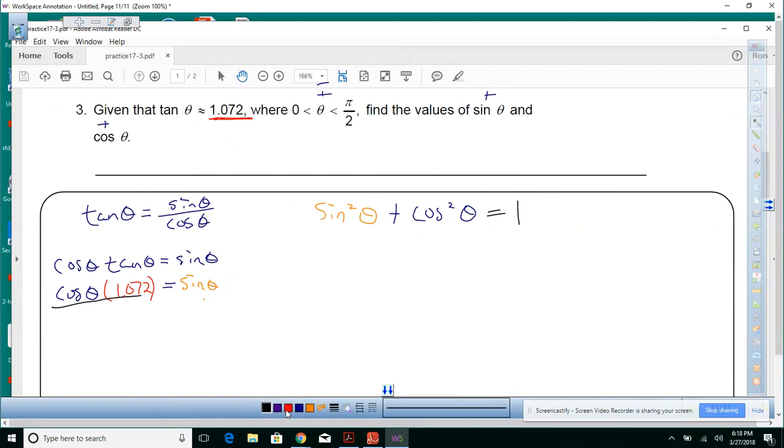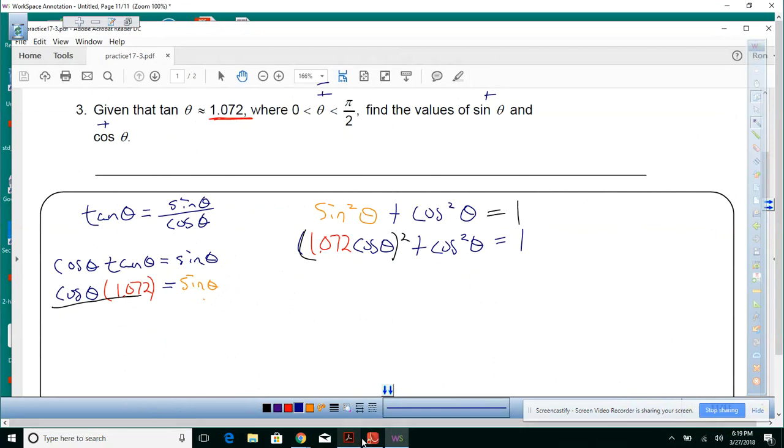Now we're going to put this in here for sine theta. So now we're going to have 1.072 times cosine theta, and I'm going to square that, plus cosine squared theta equals 1.